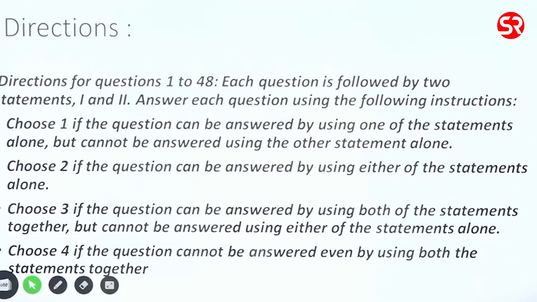Choose 2 if the question can be answered by using either of the statements alone. Choose 3 if the question can be answered by using both the statements together but cannot be answered using either of the statements alone. Choose 4 if the question cannot be answered even by using both the statements together. So these are the options that are available.